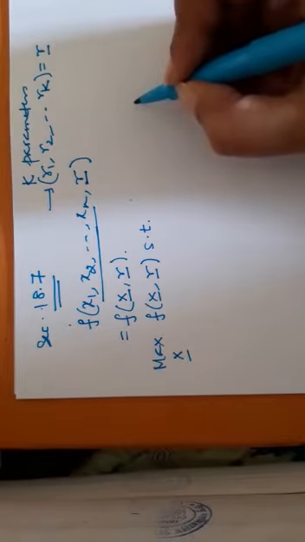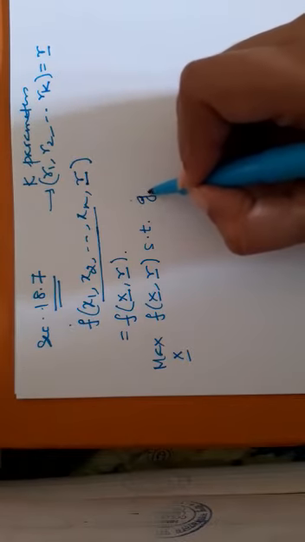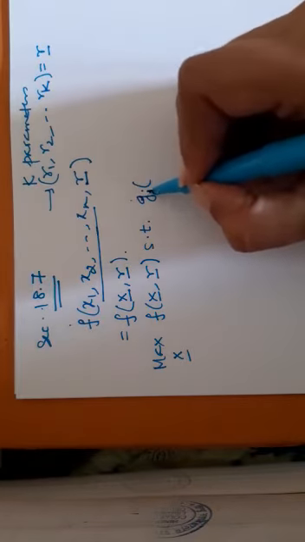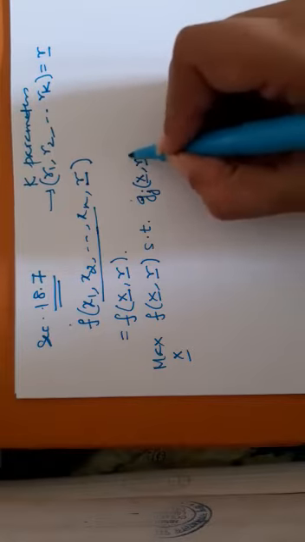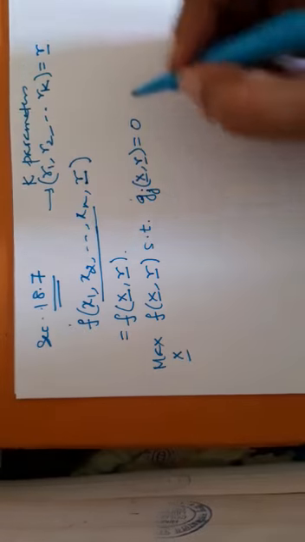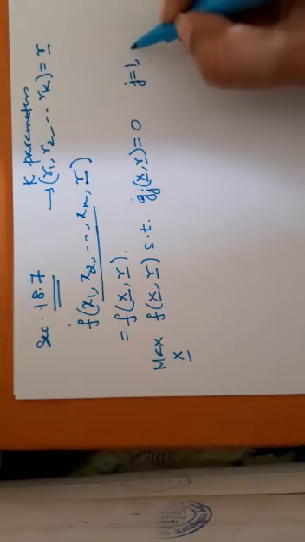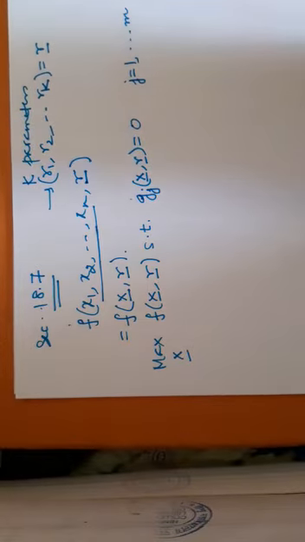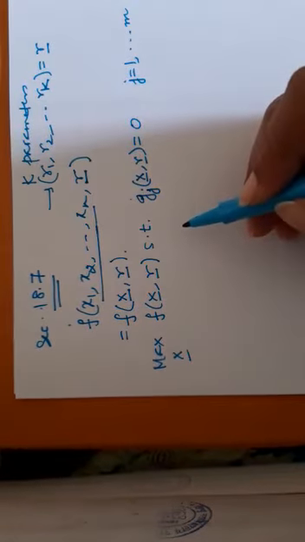Let's suppose we have m constraints, and the jth constraint is given by the function gj, which is also a function of x and r, and let's suppose this is equal to 0. This is a constraint where j goes from 1 to m. Okay, so here also you can set up your Lagrangian accordingly.